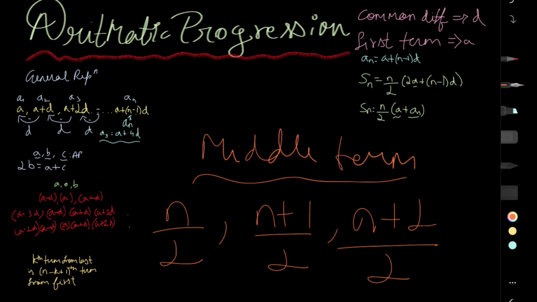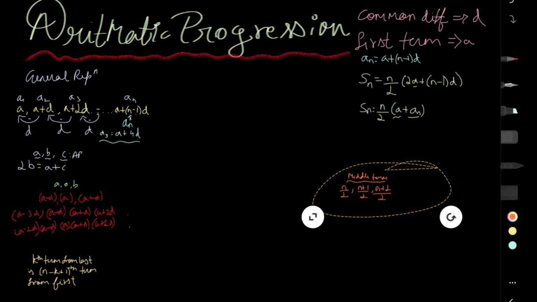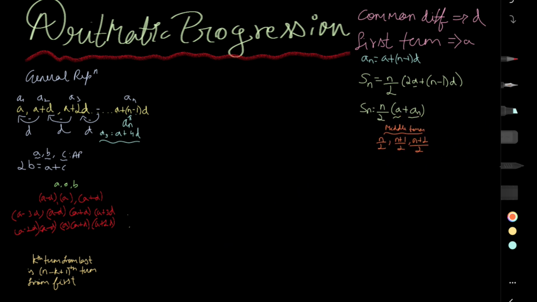Put all the three things, only select those numbers which are integers. Don't select decimals or fractions, select integers only, then these will be your middle terms. Put all the three things because it may confuse you if I say for even this is the thing, for odd this is the thing. So put all the three things and check it. Take the integers only, don't take any other numbers.